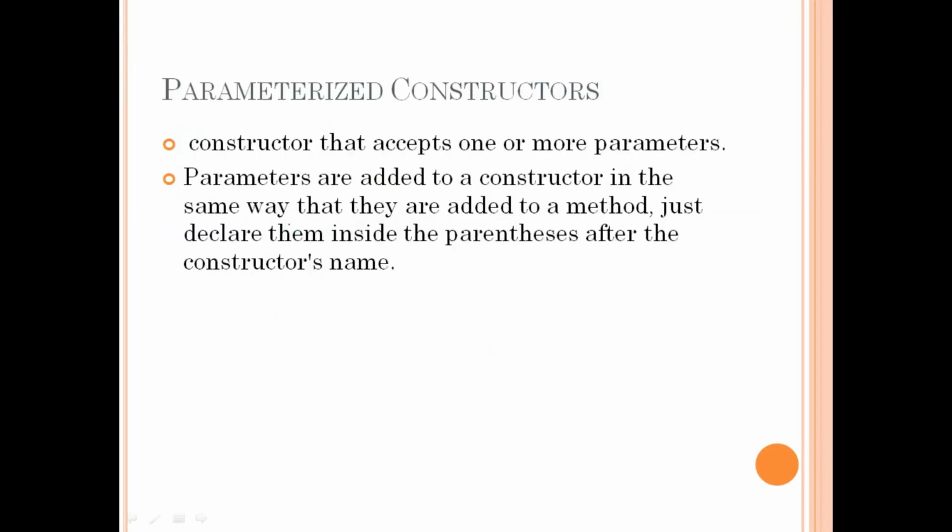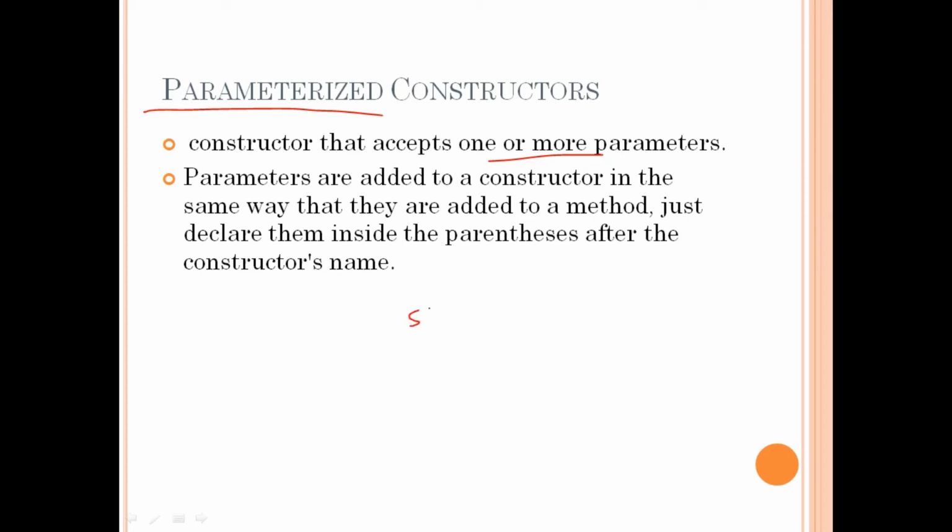The next type is parameterized constructor. The name itself implies that your constructor will accept one or more parameters. That is called a parameterized constructor. In this method, we can assign many distinct values to the objects. This can be created as in our normal method creation.